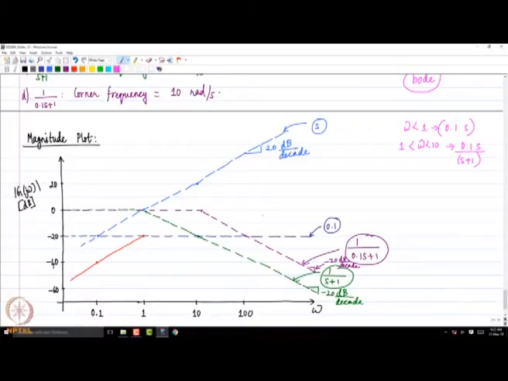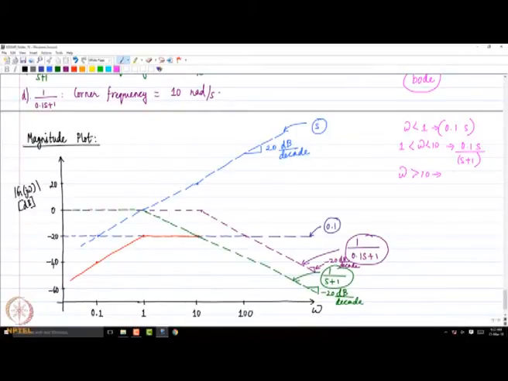Just a horizontal line at the same value. My magnitude will remain constant at minus 20 decibels till I reach the corner frequency of 10. I hope it is clear how we got this. Now what will happen after 10?